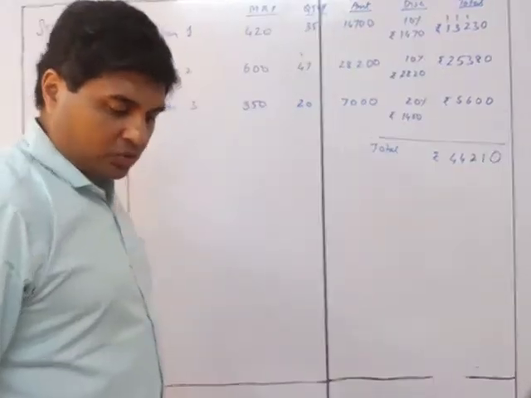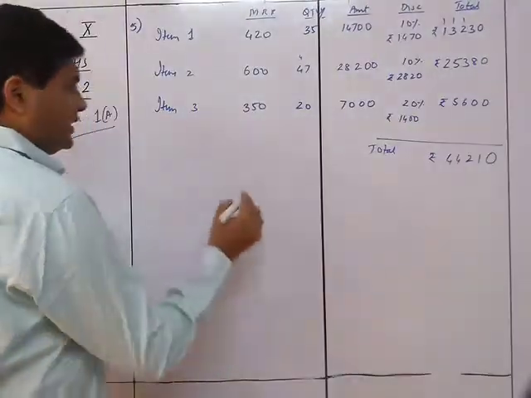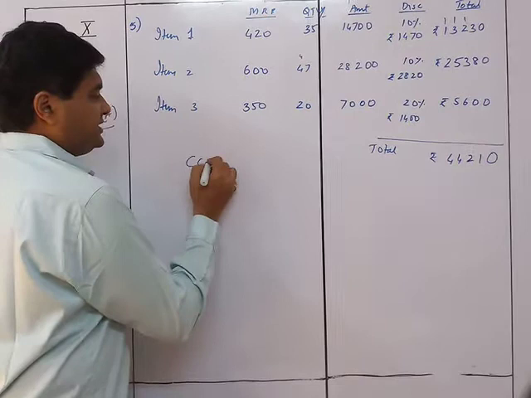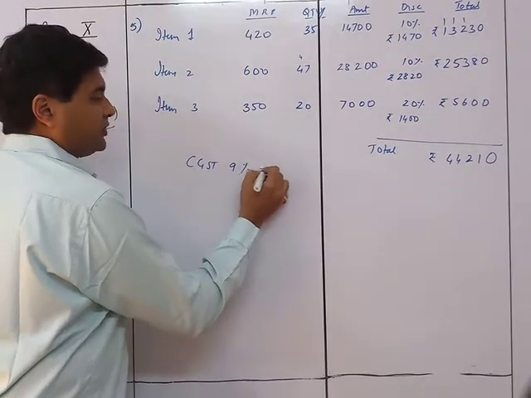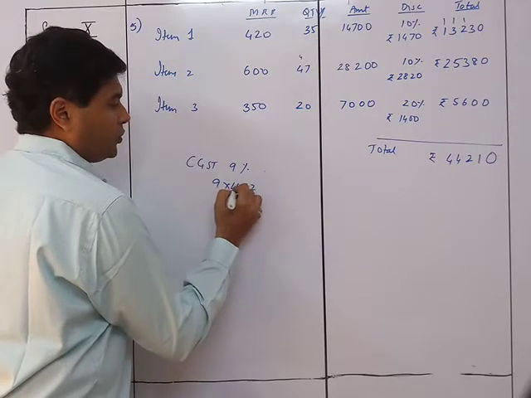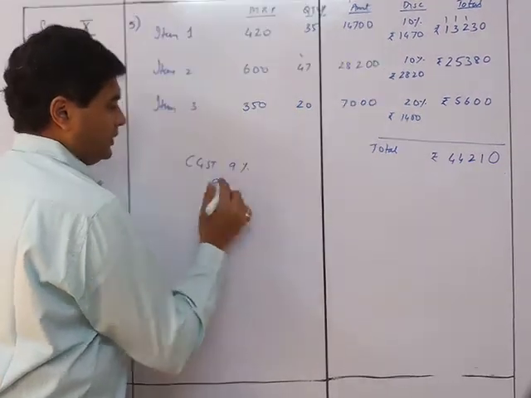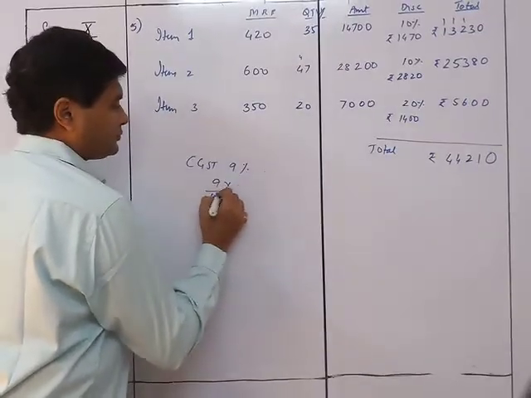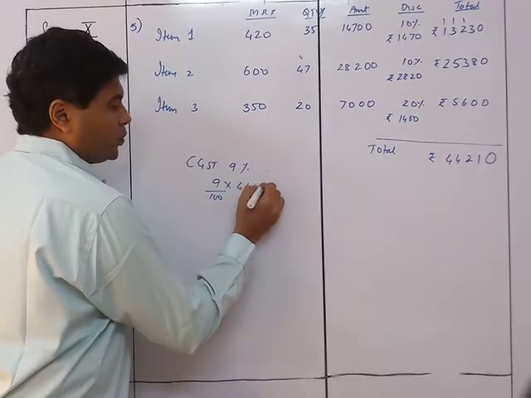Now you are asked to see the 18% tax, so accordingly we say that CGST at 9% is equal to 9 upon 100 into 44210.